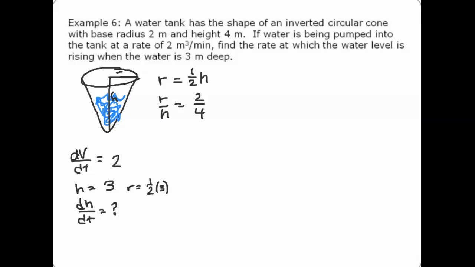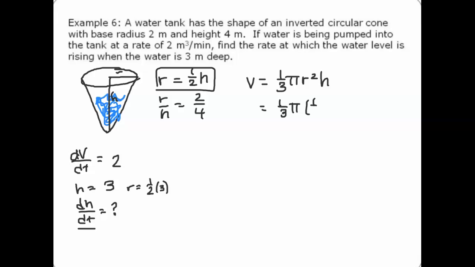If you recall from yesterday, volume of a cone is 1/3 pi r squared h. And we have this relationship that the radius is half the height. So we're looking for dh/dt, so we're going to get rid of r by substituting in our relationship between r and h.